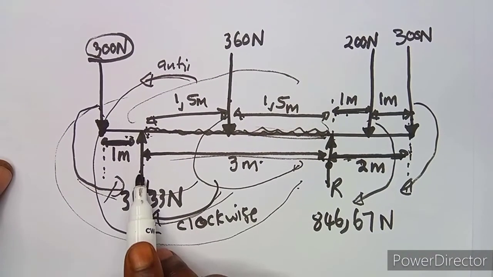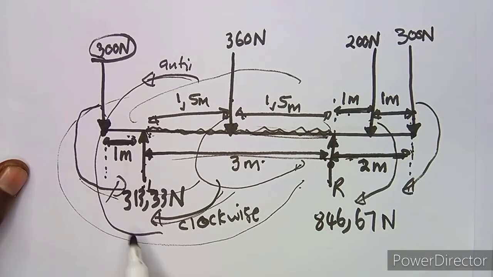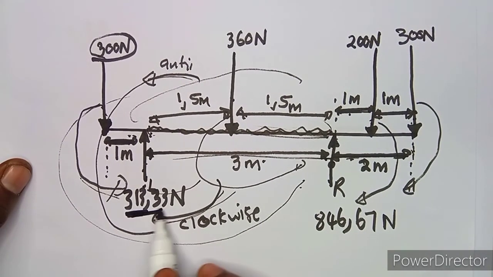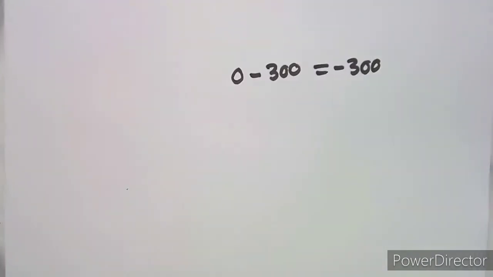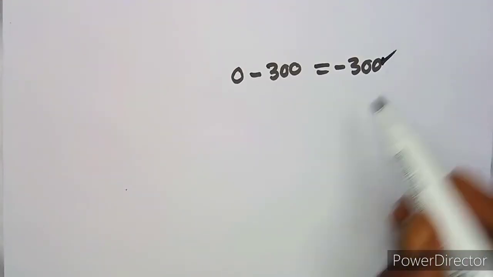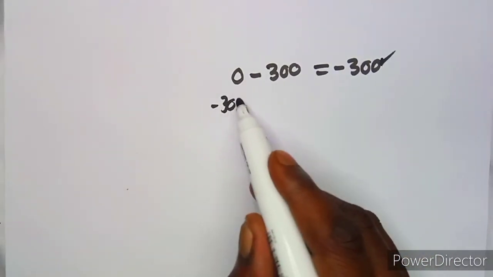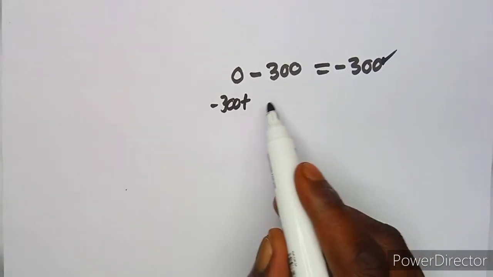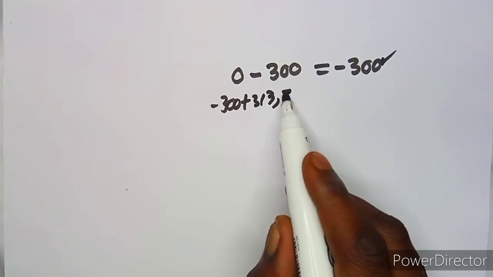Everything that is pointing upwards, you add. So you're going to add 313,33 to this number that you are now having. So you're going to add minus 300 plus 313,33.